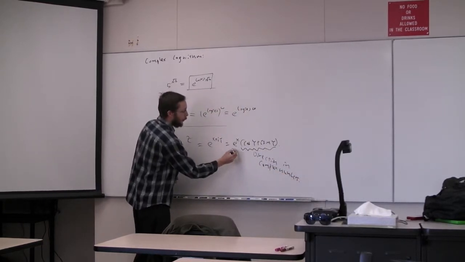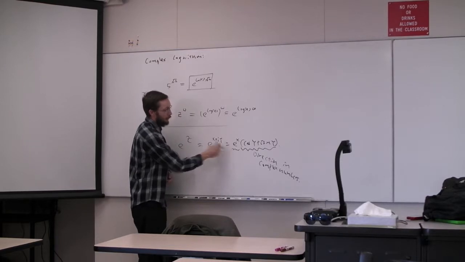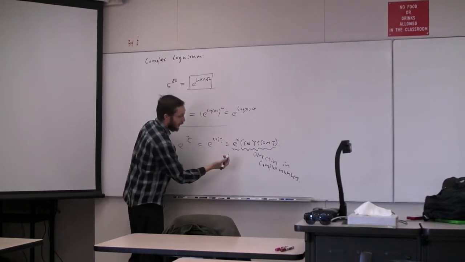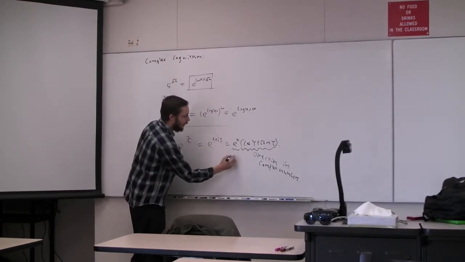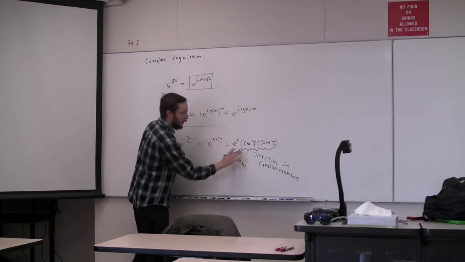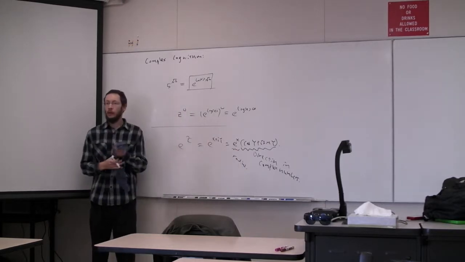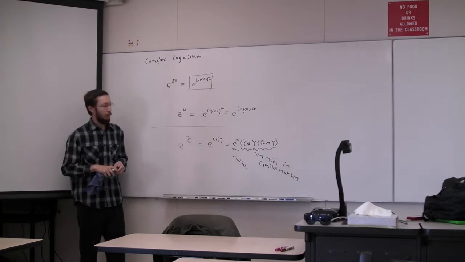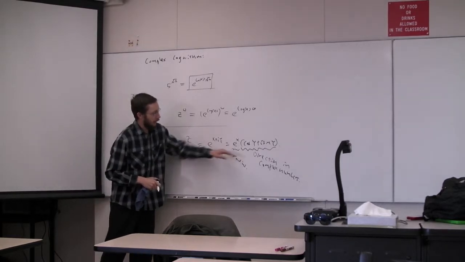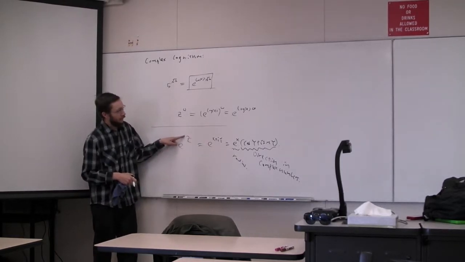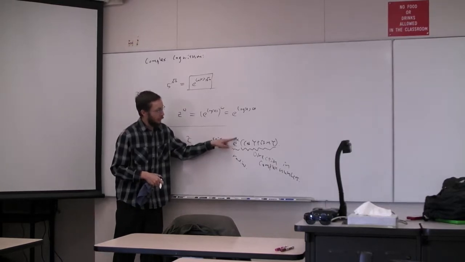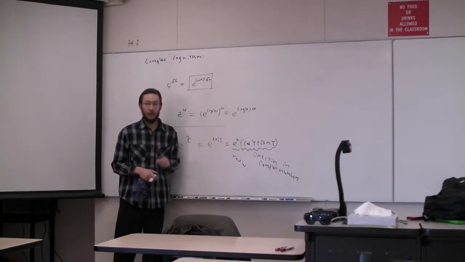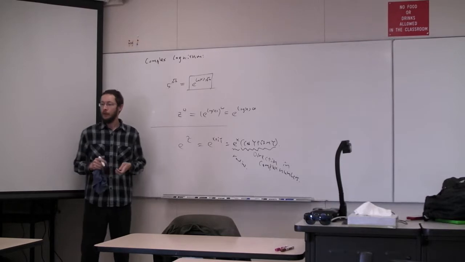In this e to the x, this represents a radius value. And this may not be super clear yet, but we're going to talk about the geometry of complex numbers here in a couple of minutes. I'm just recapping what we had done last time. E to a complex number can be thought of as e to the real part times cosine y plus i sine y.